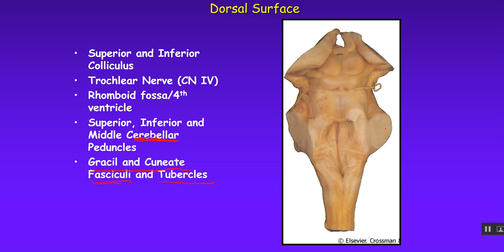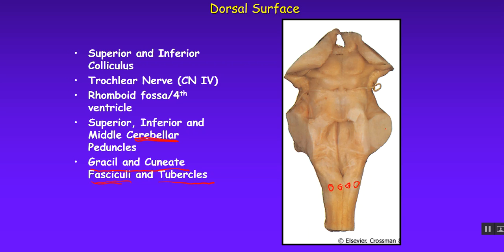You kind of have to imagine this a little bit, but there's a little bump right here. That's a tubercle. There's another little bump right there. That's a tubercle. There's one right there, and there's one right there. And if you have a real specimen, you can kind of feel it, and you can kind of see where these bumps are. There's 4 bumps back there.